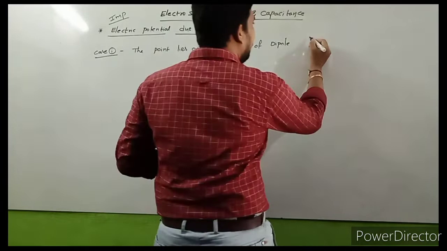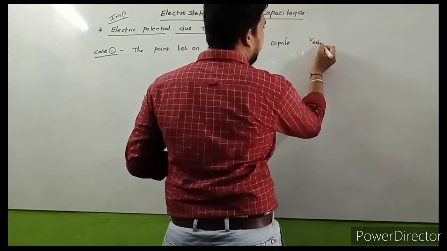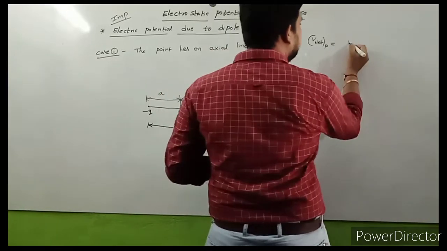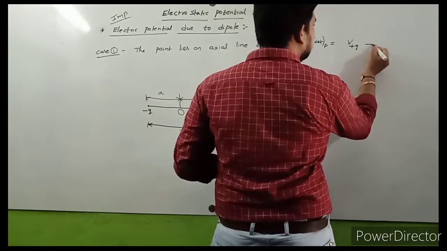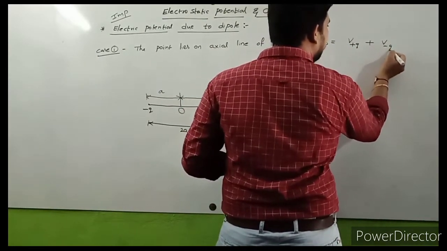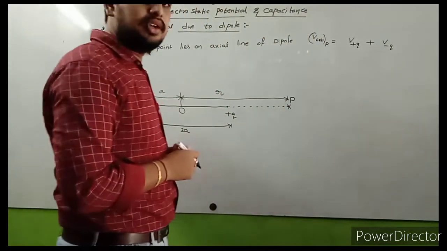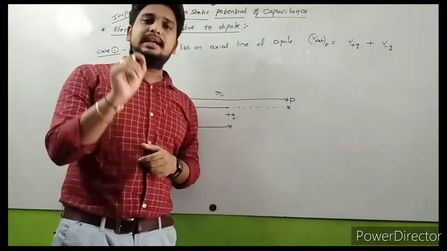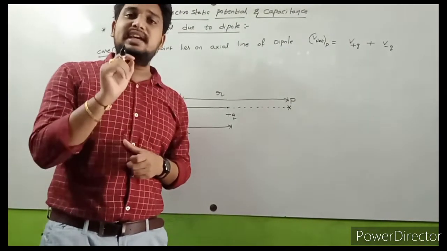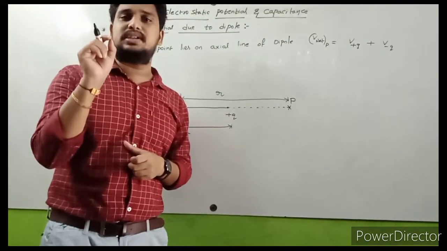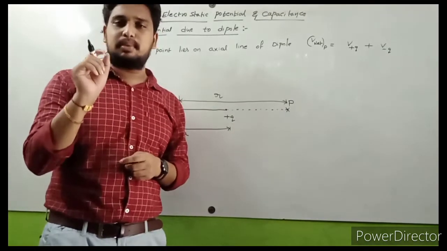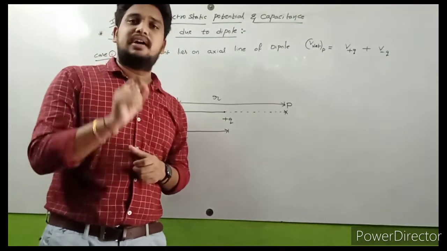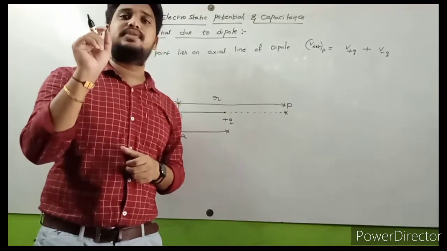So the net potential at point P is equal to the potential due to plus Q charge plus the potential due to minus Q charge. Very important point: while calculating electric potential, we consider the sign of the charge.